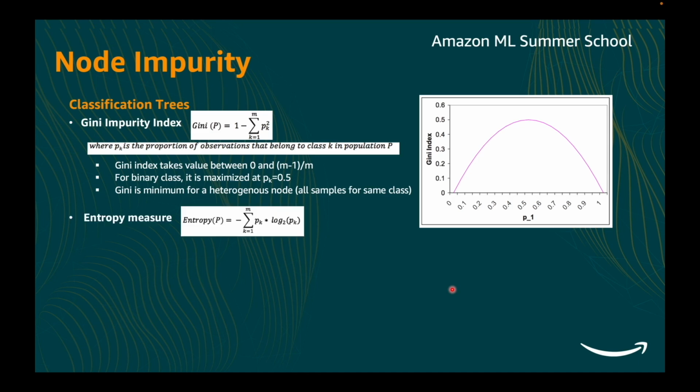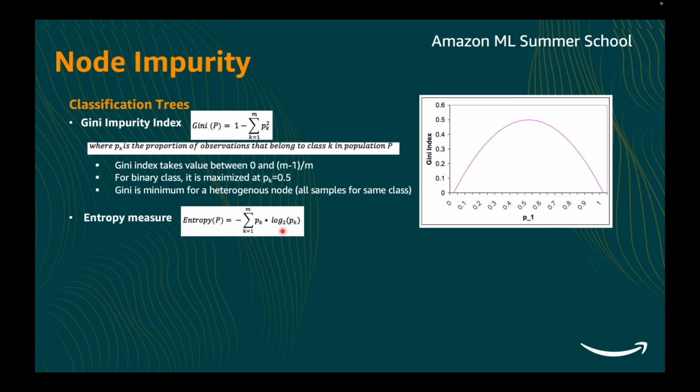Another similar criteria, which looks very similar in terms of the graph over here, is entropy, which is a little bit more general, and it measures a very similar thing. It's just a way to determine the impurity of the node which you have.